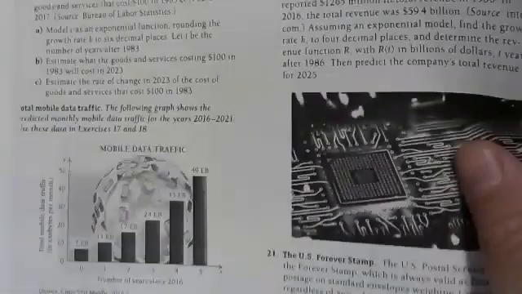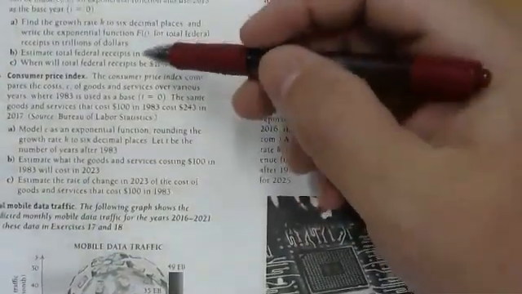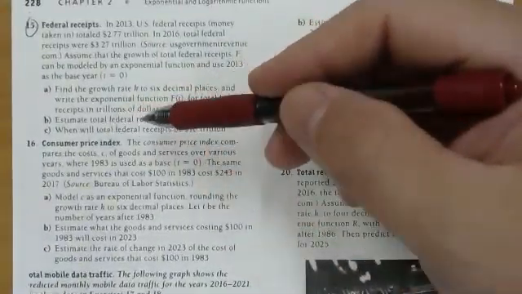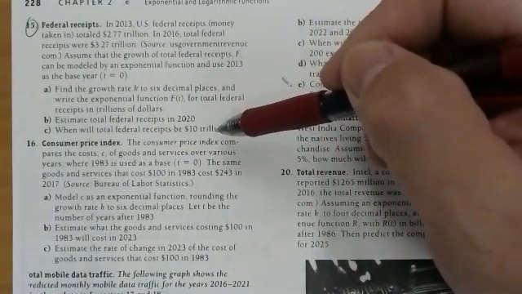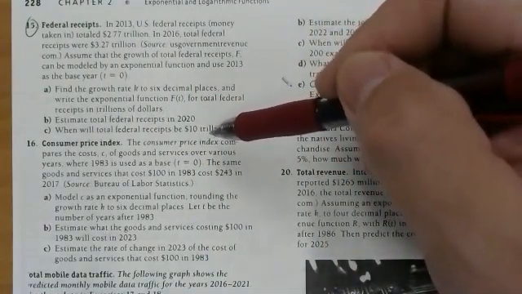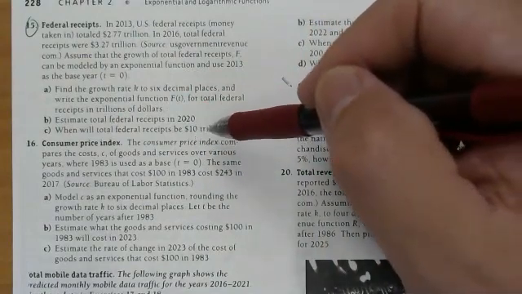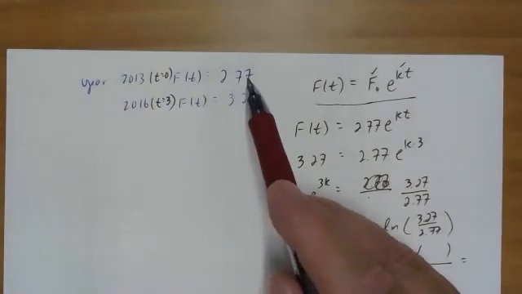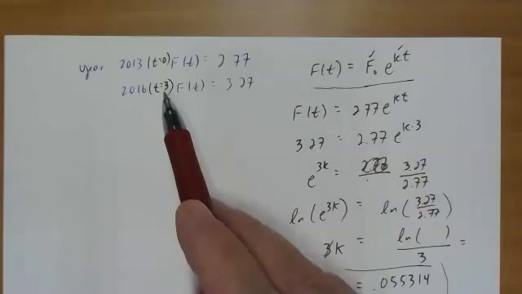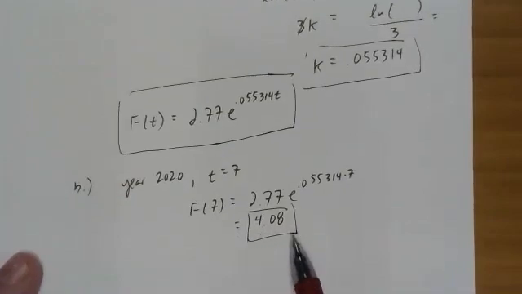And then part C: when will total receipts be 10 trillion? This is like the problem I did earlier. Now they're saying, tell me how long it's going to take or when the federal receipts would be 10 trillion. So far in this problem, we know that in year 0, it's 2.77. In the 3rd year, it's 3.27. In the 7th year, it's 4.08.